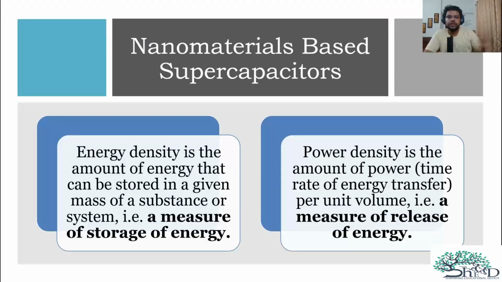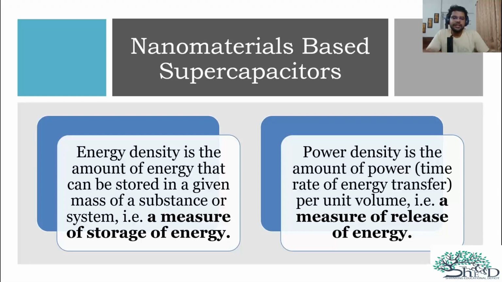Now there are two terms that were used, energy density and power density. So energy density is the amount of energy that can be stored in a given mass of substance. Basically, how much can you store in a battery? That is the energy density. Power density is the amount of power it will give per unit, right?